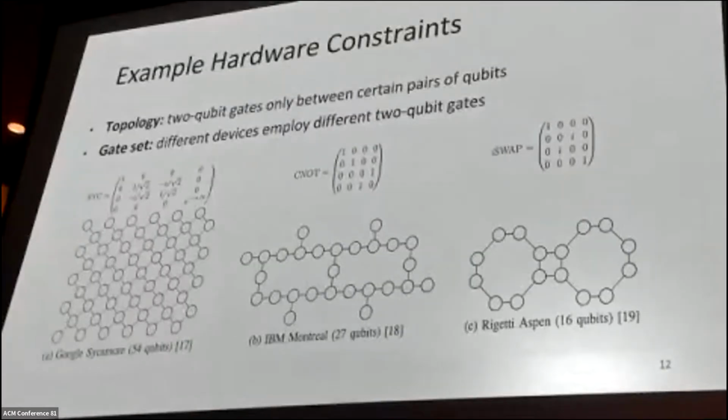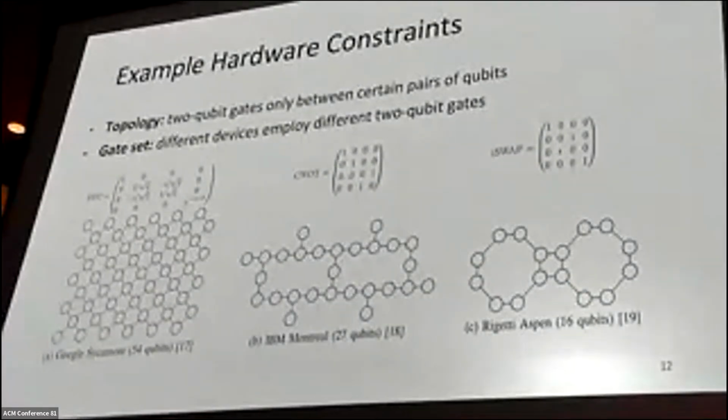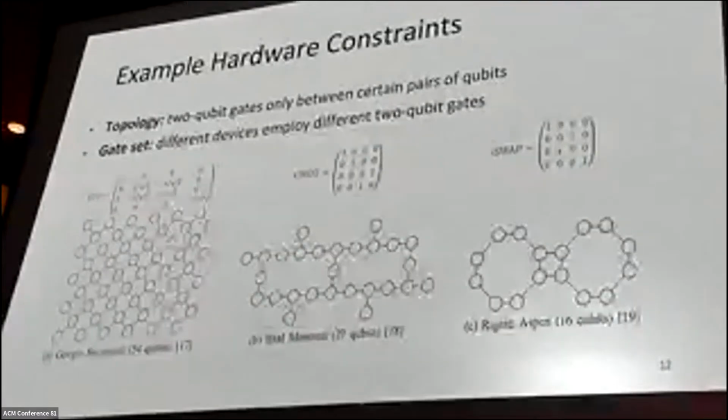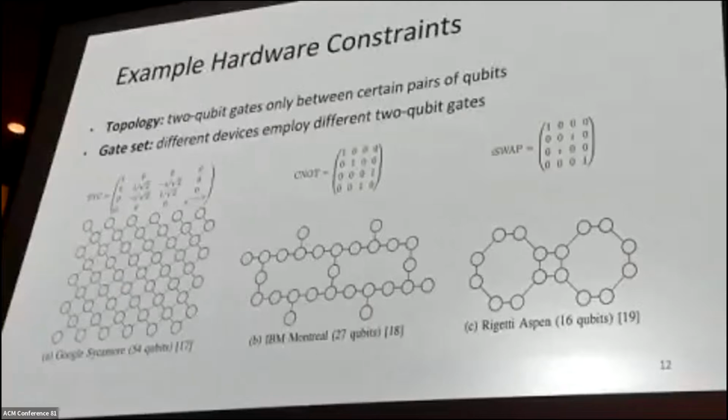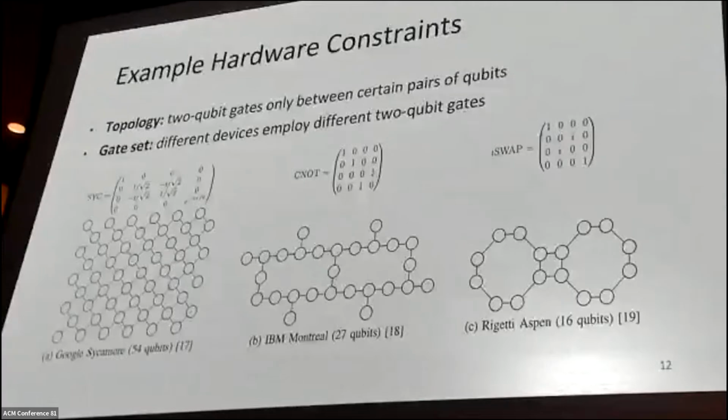First, just to motivate it, the aim of Toucan is to compile for a wide variety of quantum hardware, and we've already seen examples of this in some of the talks at this meeting. The different devices which have been built so far all have very different topologies. These graphs represent the layouts of qubits, and the edges on the graph represent possible 2 qubit gates that can be applied.